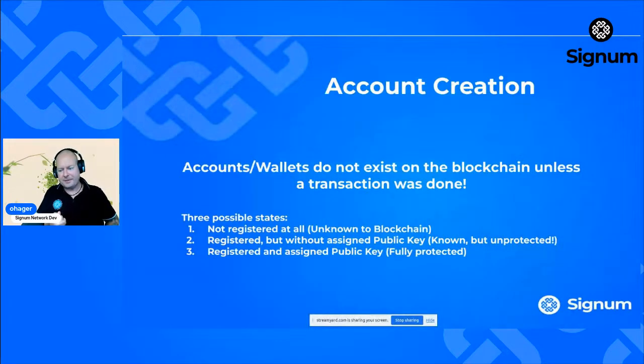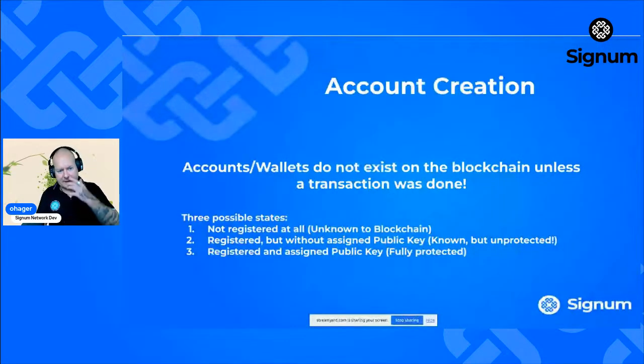There's a side effect. If an account is registered without a public key, that account cannot receive encrypted messages, because encrypted messaging works only with public-private key encryption, and if the recipient has no public key yet, I cannot encrypt the message, or he cannot decrypt it. This is such a side effect.